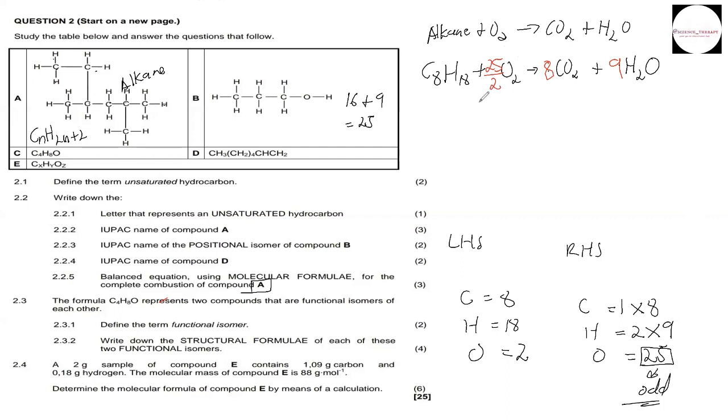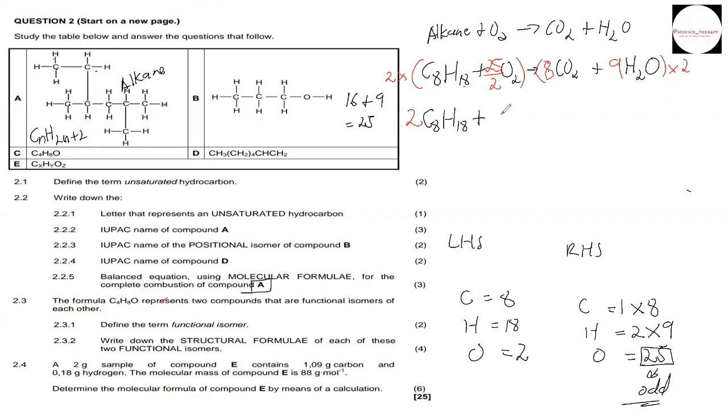Now, remember, we should get rid of this 2 here. But how are we going to do it? We can multiply both sides by what? By 2. Now, the one thing that you have to note is that multiplying by 2 does not affect the subscripts. It can only affect the coefficients, right? So what I do on the left-hand side, I also do on the right-hand side. Now, if I multiply by 2 here, this will end up giving me 2, and then I still have the C8H18. Multiplying 2 by 25/2, I will only remain with the 25.